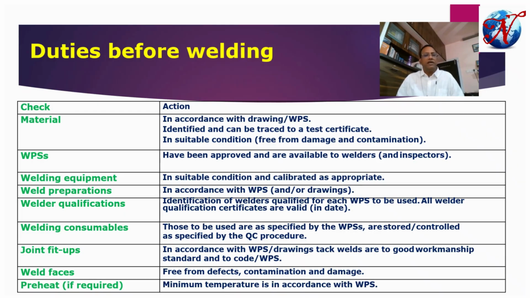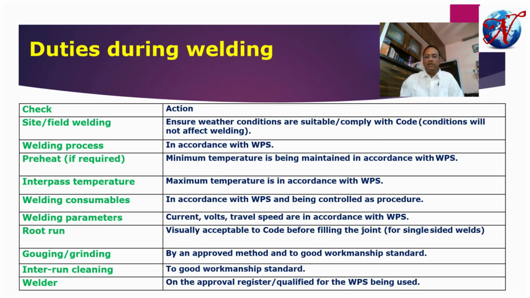Then the welding inspector needs to check the joint fit-ups. Whatever joint we have created for the welding needs to be verified before starting the welding as per the WPS. The weld face needs to be free of defects, contamination and damage. And if preheat is recommended as per the WPS, that needs to be done before starting the welding.